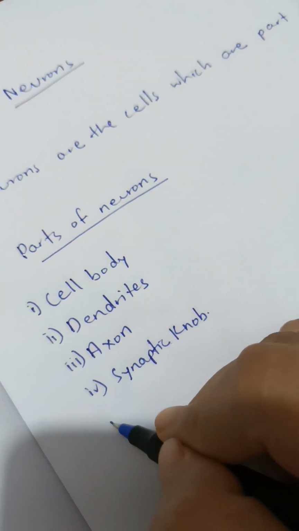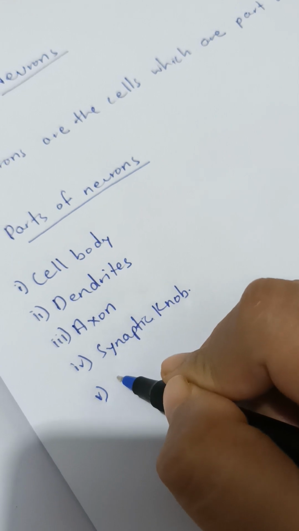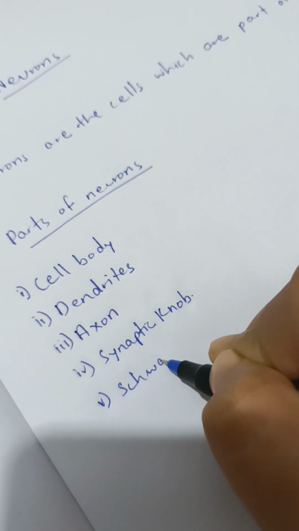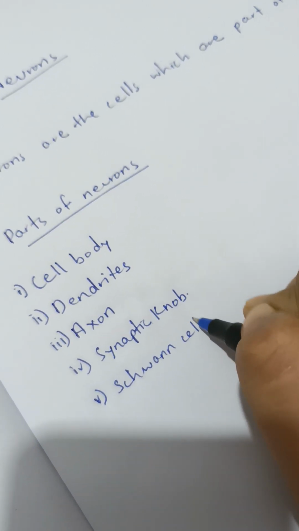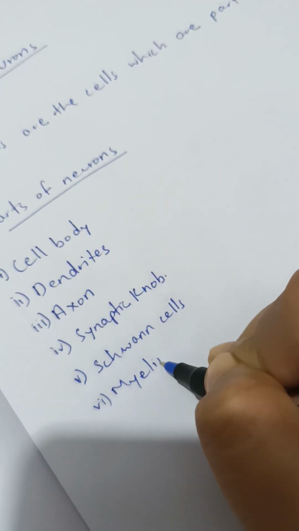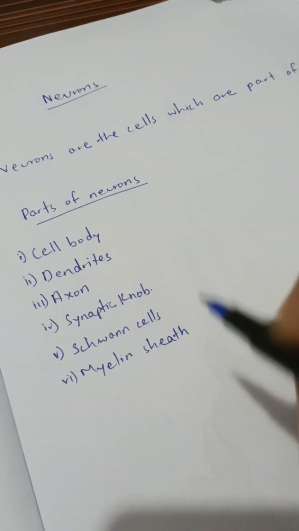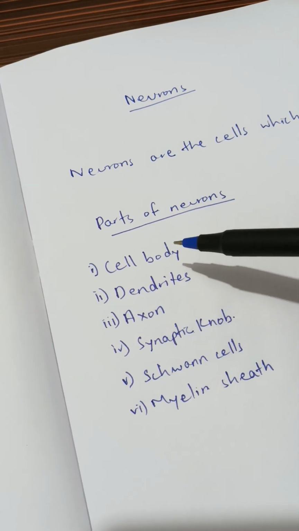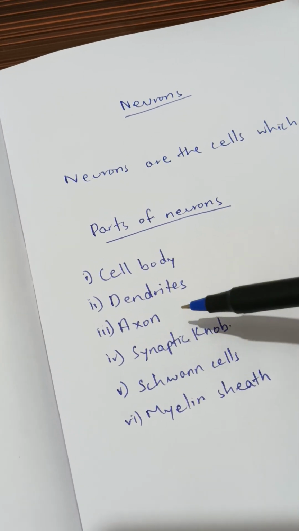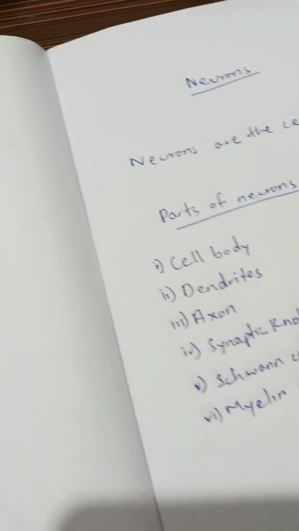Okay, wait, there's one more part, that is the Schwann cells, myelin sheath. See here, what are the parts of the neurons? Cell body, dendrites, axon, synaptic knob, Schwann cells, and myelin sheath.